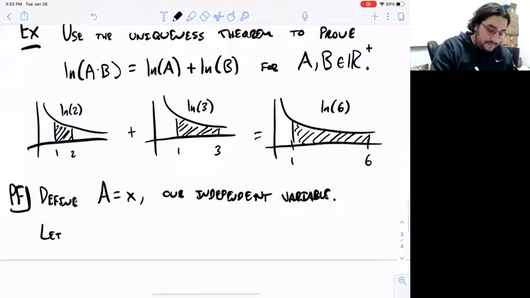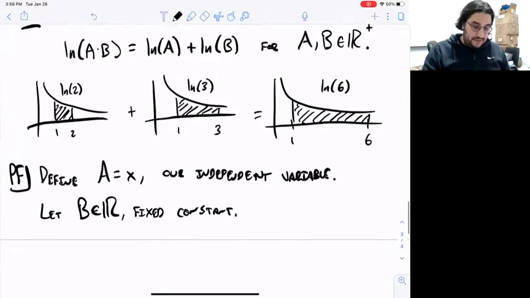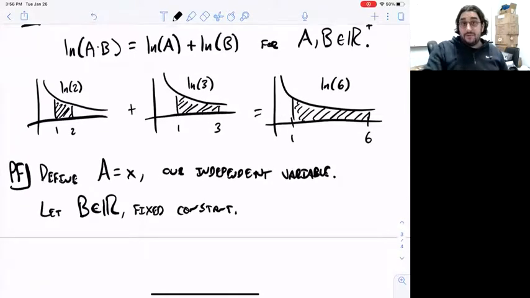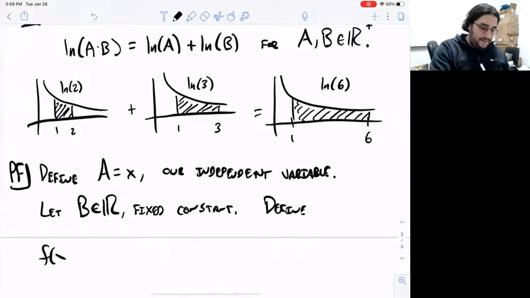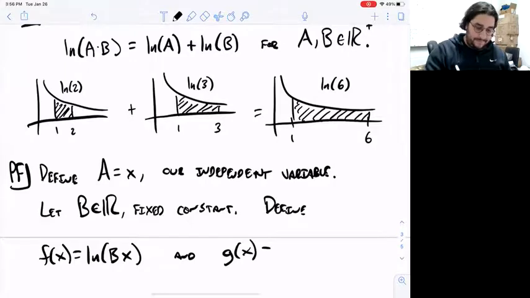And then we're going to let b be an arbitrary fixed constant. So then I'm going to define the two functions that I want to prove are equal. Let's define f of x equal to log of x times b, which we'll call bx, and g of x to be log of x plus log of b.